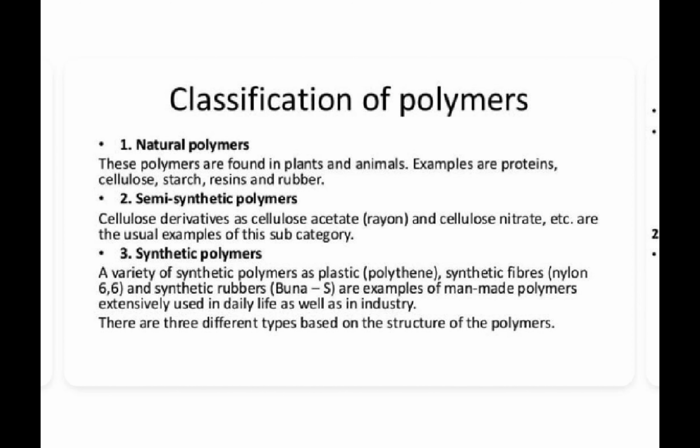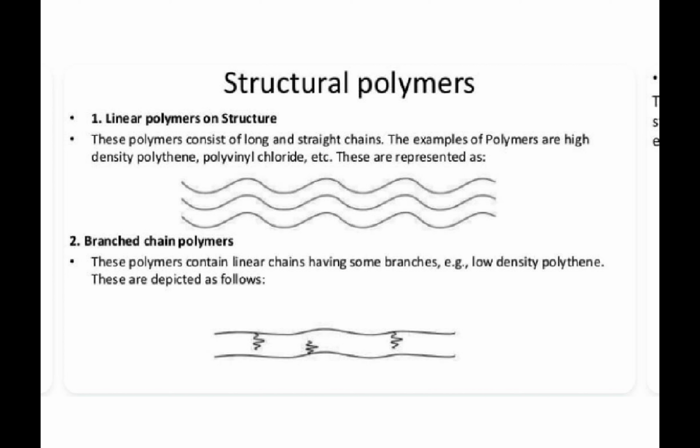So, these are all based on the structure of polymers. Now, what are structural polymers? So, three different types based on the structure of polymers. One is linear polymer, having long and straight chains, and examples are polythene, polyvinyl chloride. You can see how they are represented.